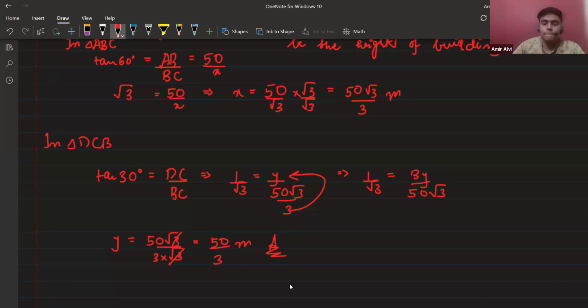Sir, if you don't write triangle DCB and all, will they cut marks? Maybe. Some of the teachers are like that. I know that all of you are capable of getting full marks, but the art of getting full marks is that you have to mention each and everything. You can't take risks at any cost, because some teachers can argue that you have not written the triangle name in which you are applying the trigonometry.